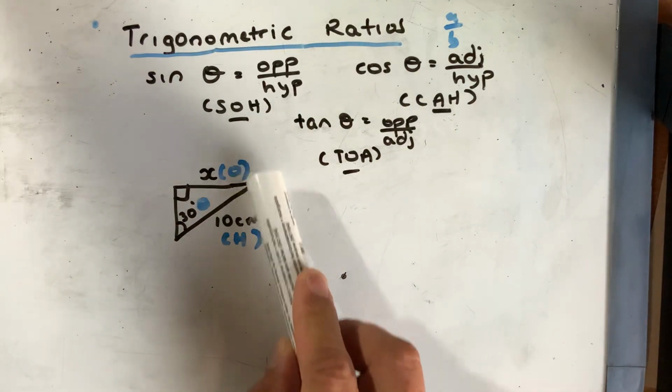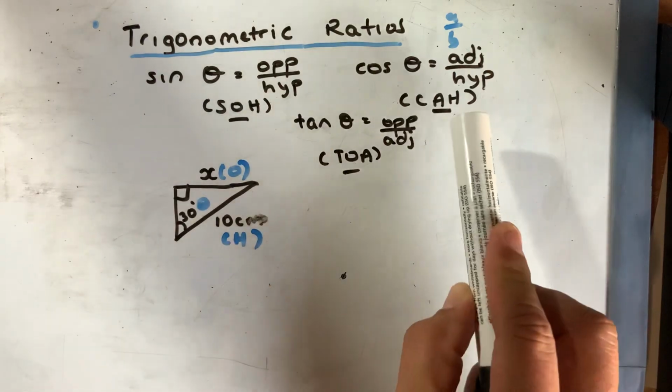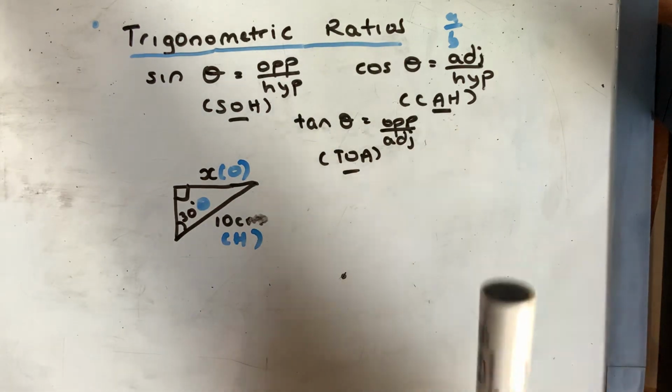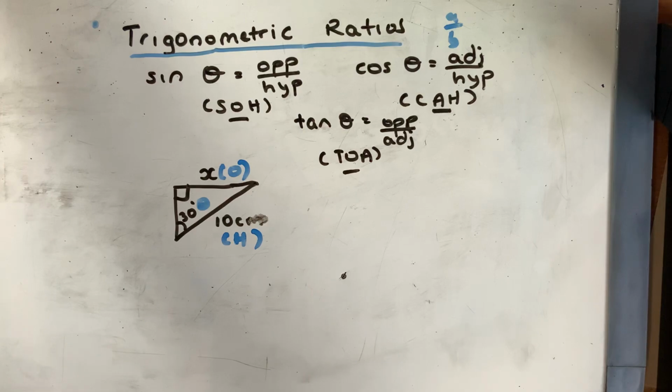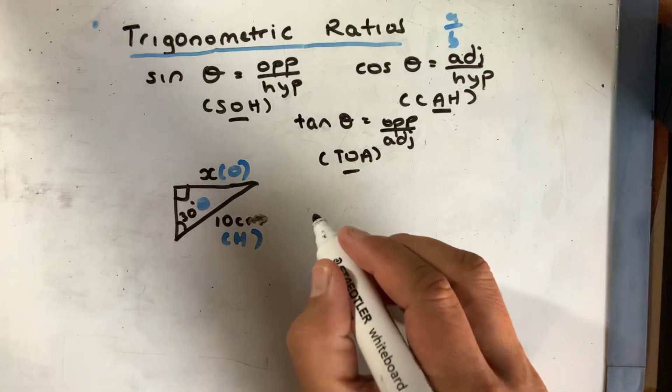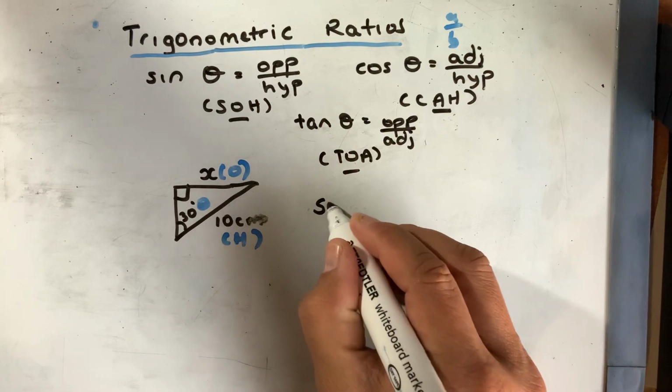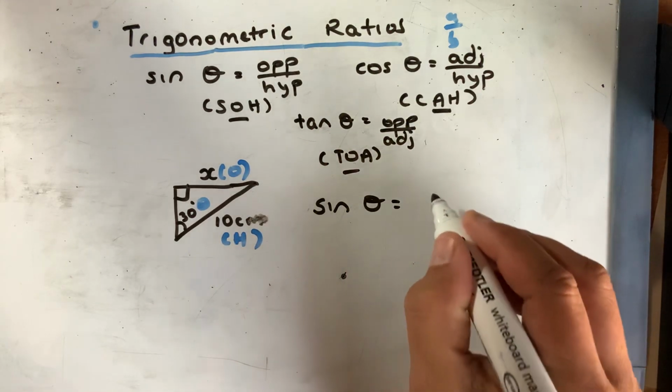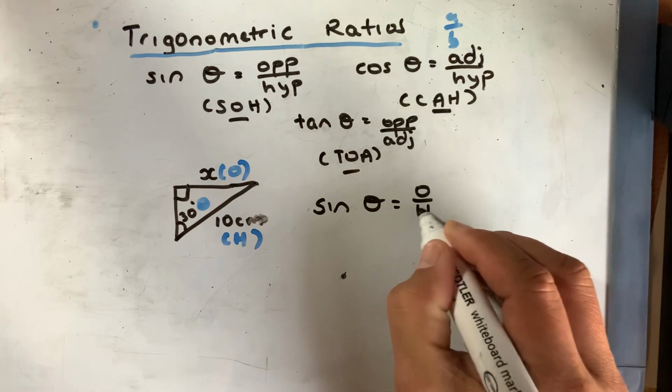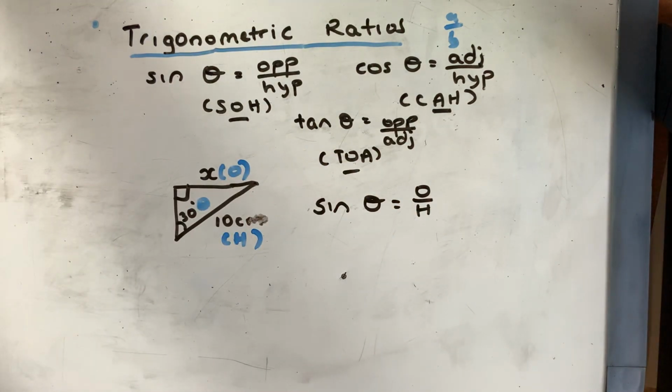In this case, we have O and H. That is O and H, that's A and H, that's O and A. So we have to use the sine formula. So it's going to be sine theta equals O over H. We shall use the SOH formula.